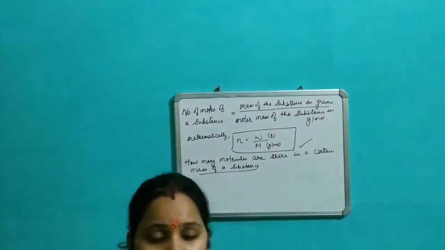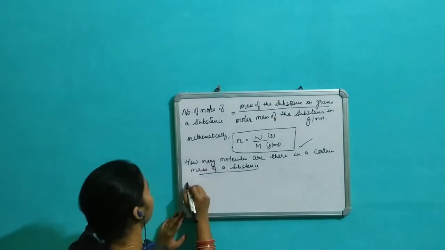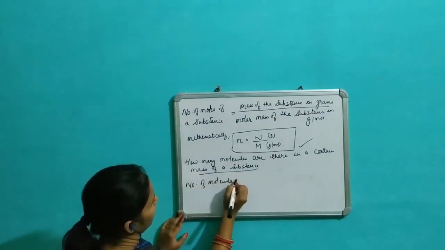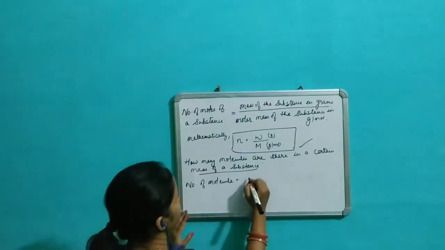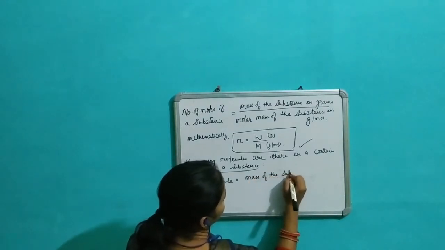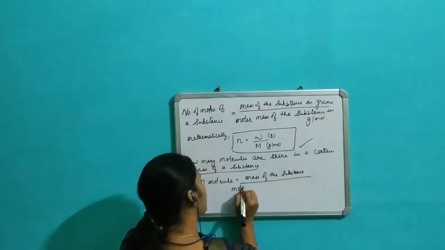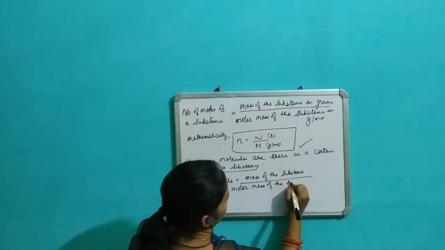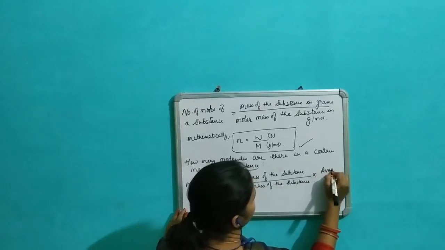We know that Avogadro's number is 6.02 into 10 power 23. So here, in order to find the number of molecules, that is equal to the mass of the substance by the molar mass of the substance into Avogadro's constant.